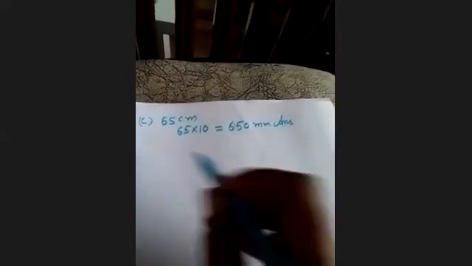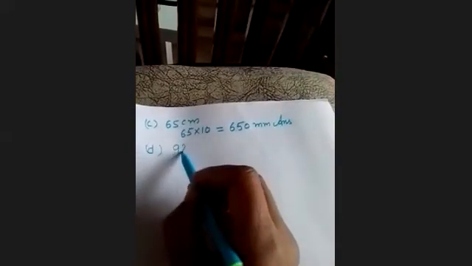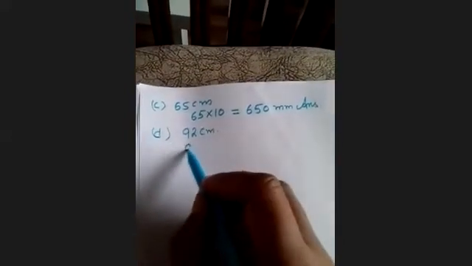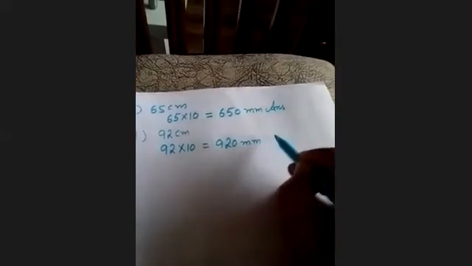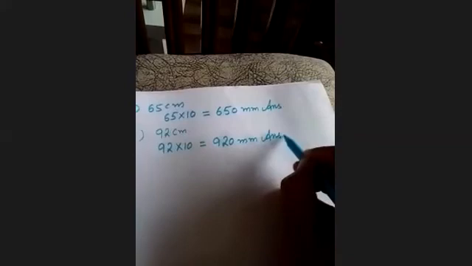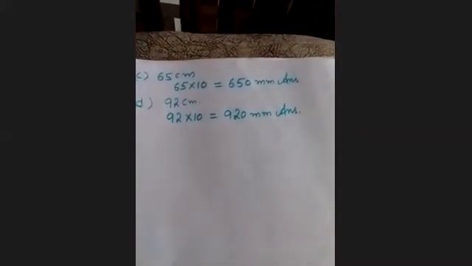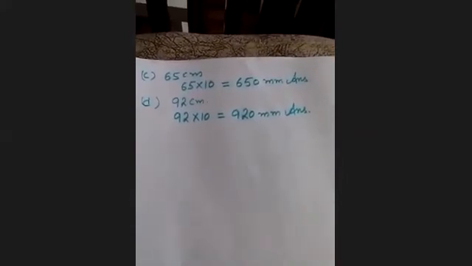Now last question is 92 centimeter. 92 multiplied by 10 is 920 millimeter. So this is the last question of exercise 44.